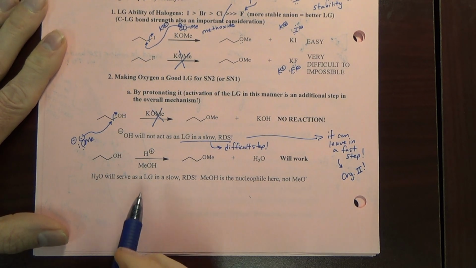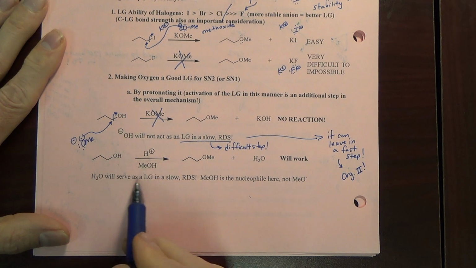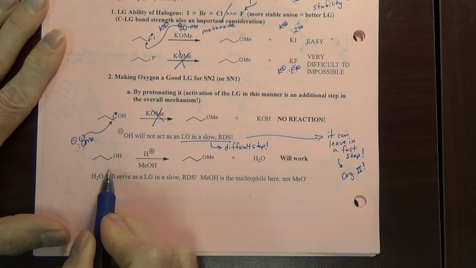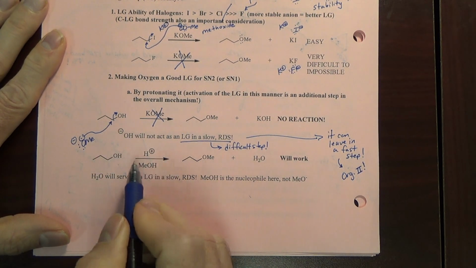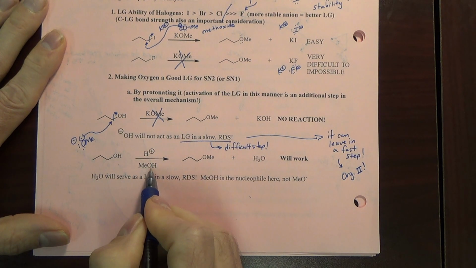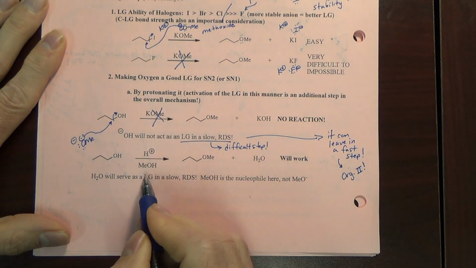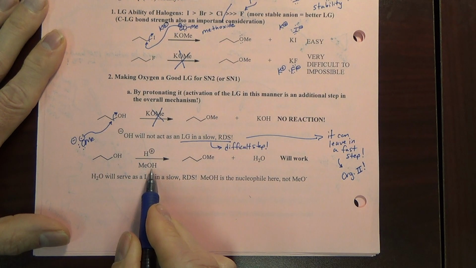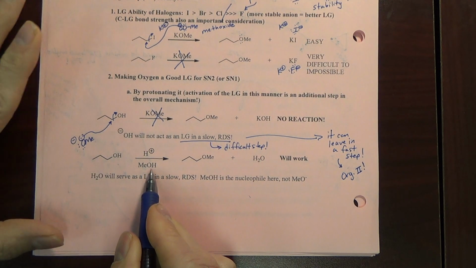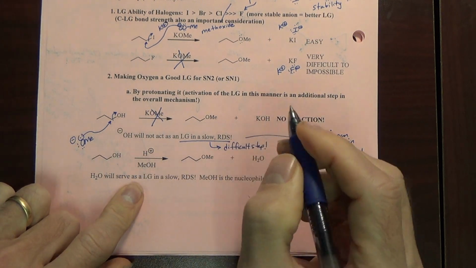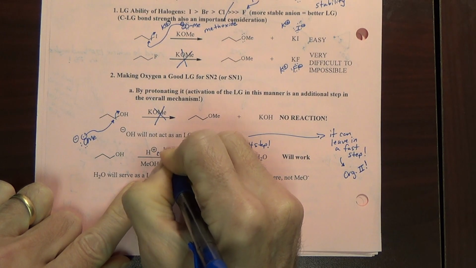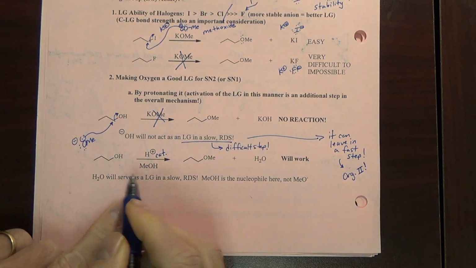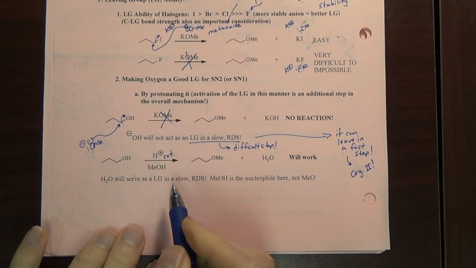Now, look at this reaction. If we take the same alcohol with the OH group and react it with methanol, not methoxide, but methanol, the neutral version here, and an acid catalyst, I'm going to say catalyst, we can get a substitution reaction.